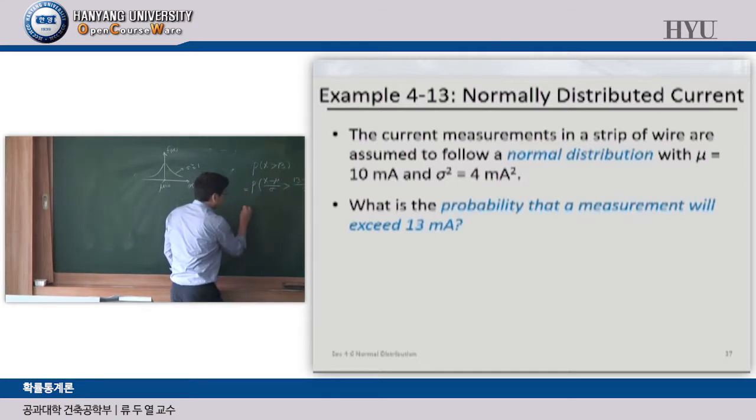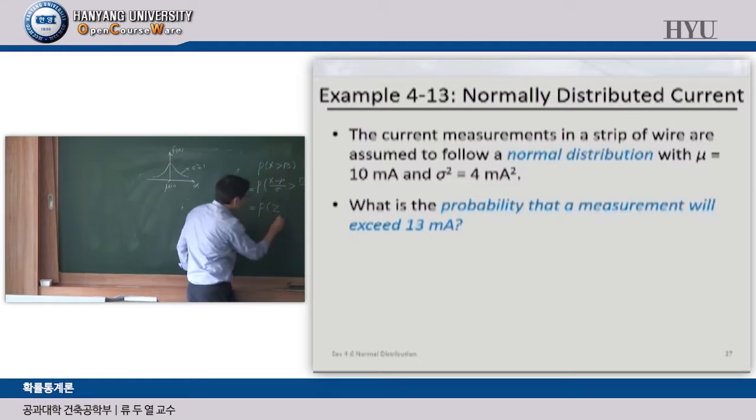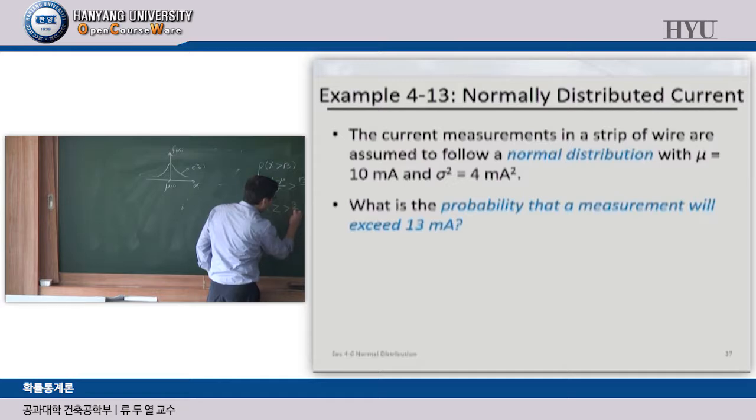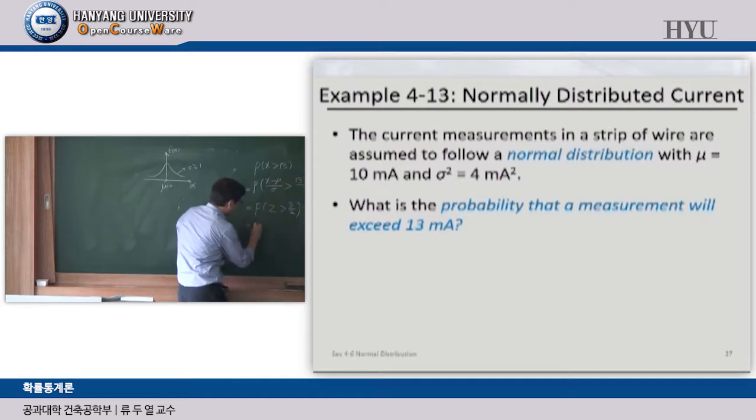This can be rewritten as the probability that Z, the standard normal random variable, is larger than 3 over 2, which is the probability that Z is larger than 1.5.